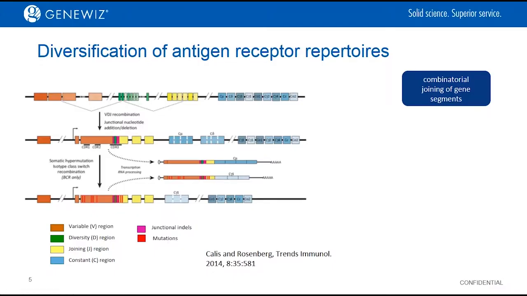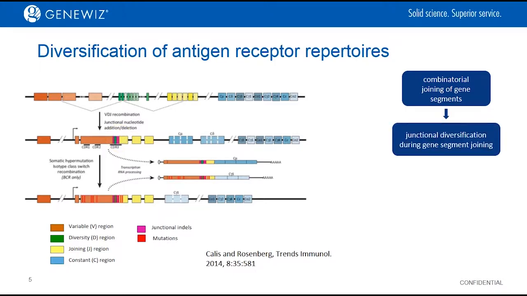During the journey, nucleotides are often randomly inserted or lost at the ends of recombining fragments. This process is called junctional diversification. Rearranged heavy and light chains or alpha and beta chains can be paired in different ways, and this is another source of lymphocyte receptor diversity.